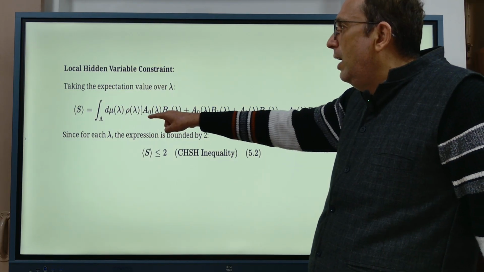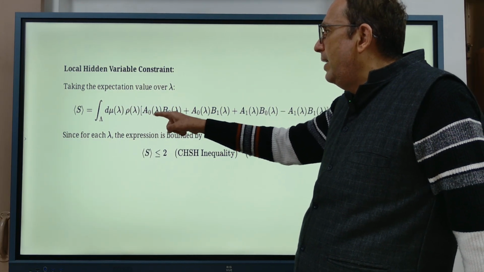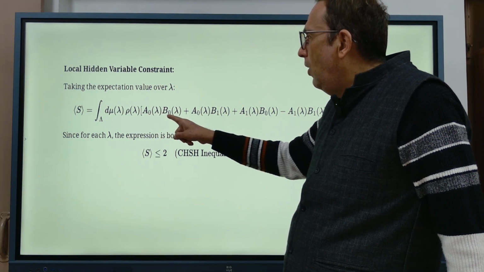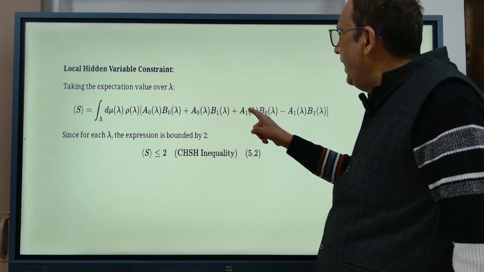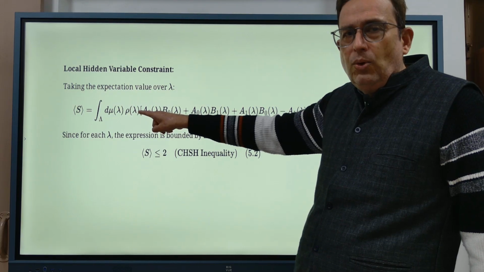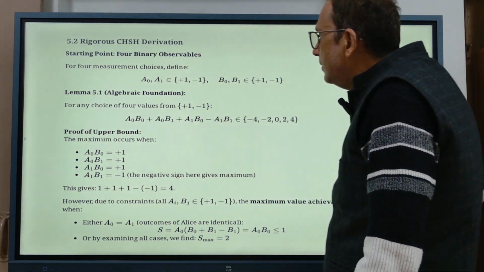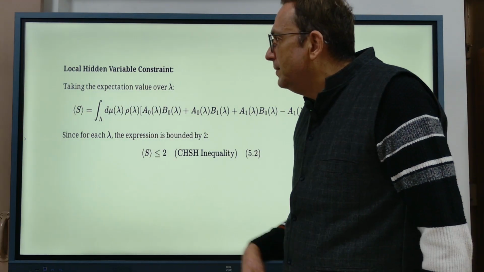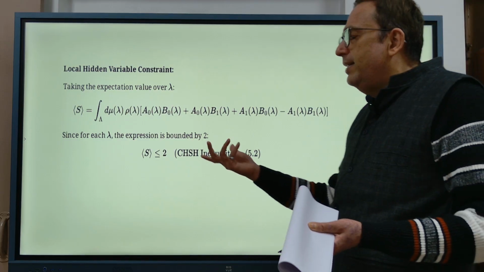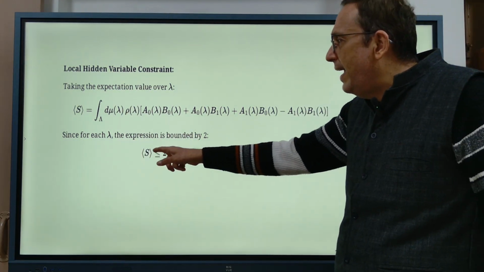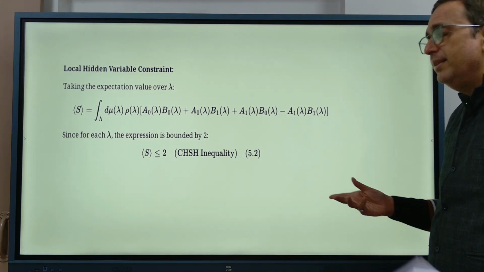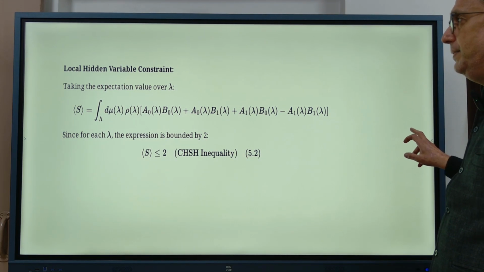When we are taking the expectation value, we are going to take the outcomes A0 B0 and so on, A0 B1, A1 B0 and minus A1 B1, and then multiply it by the probability density rho and integrate it over all values of lambda to get the expectation value of S. And then, as we have earlier shown, the expectation value of S will always be less than or equal to 2. That is the CHSH inequality.